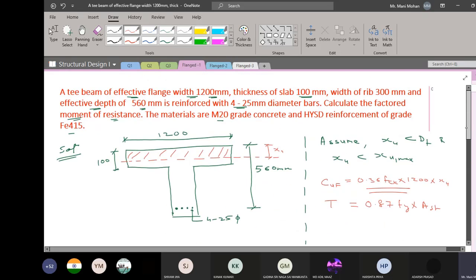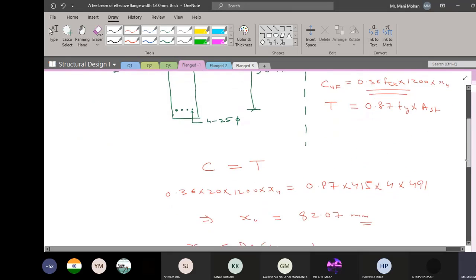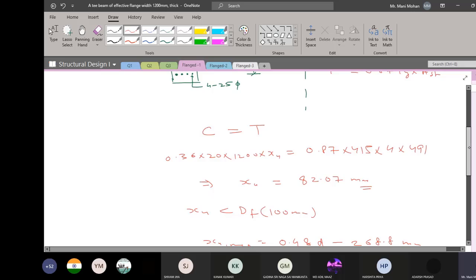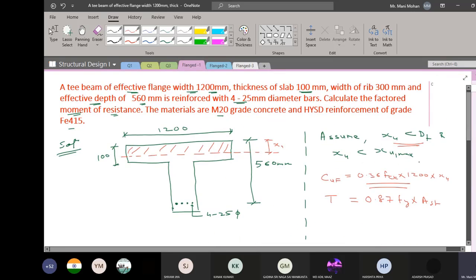Now here you see, one of the approaches I had assumed was that neutral axis is lying within flange. Like XU less than depth of flange, it means my neutral axis is within flange. But it was possible, after doing these calculations, suppose XU was 120 mm, then what would you have done? The assumption was wrong. Then you would have moved further.